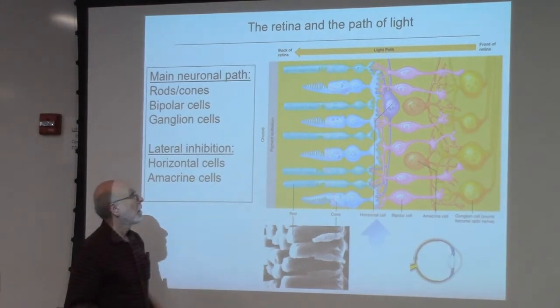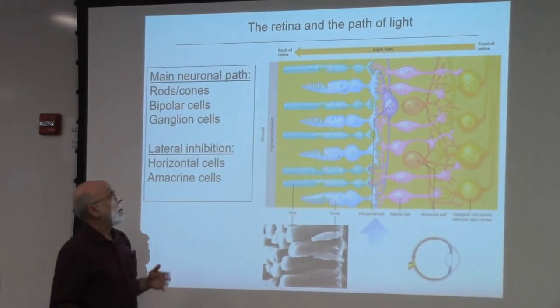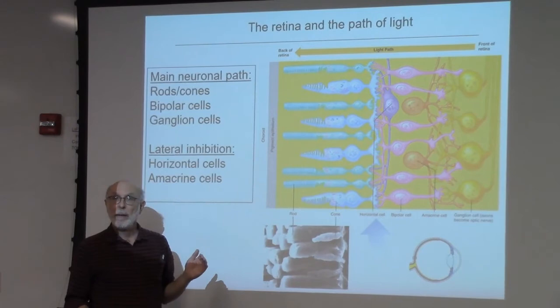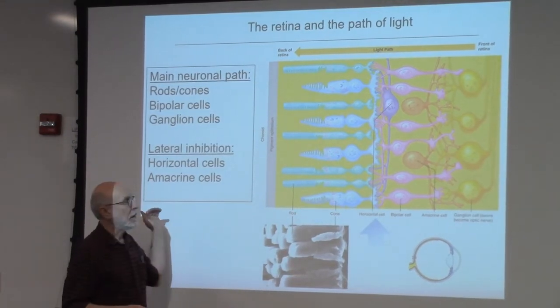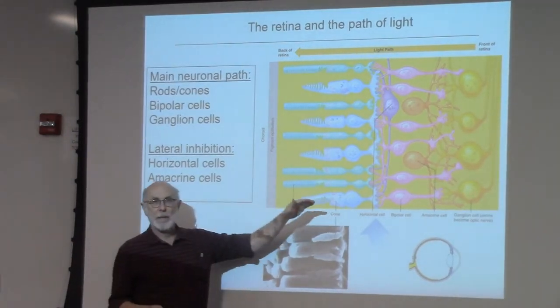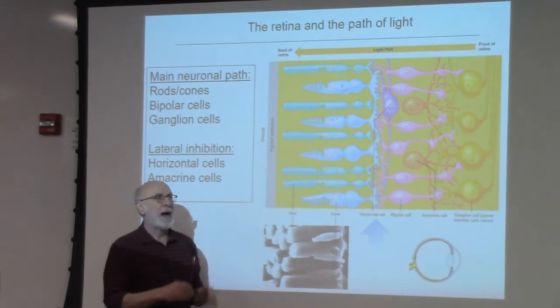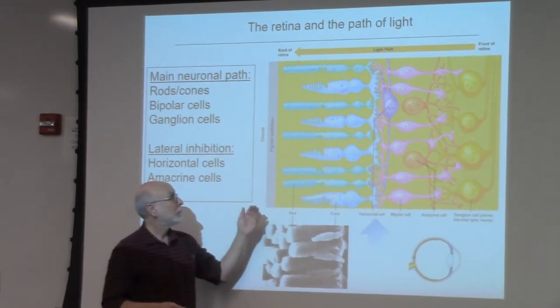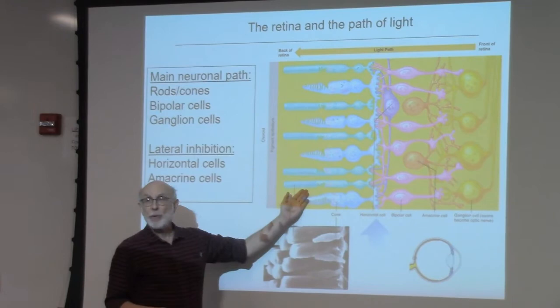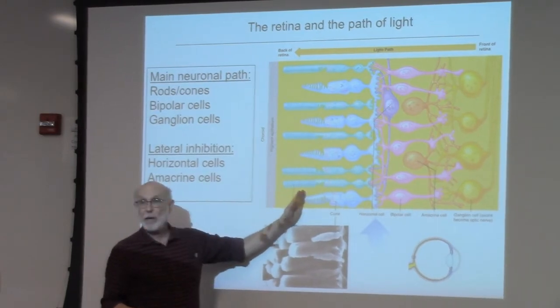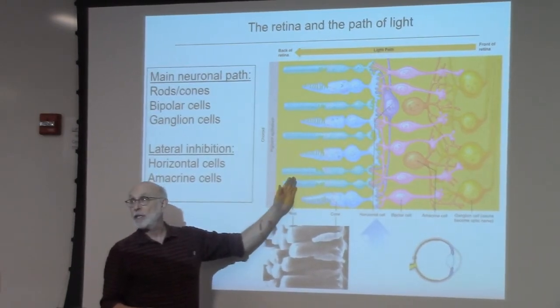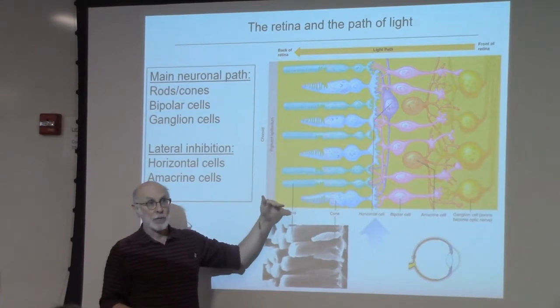Okay? There are cellular layers in the retina. So let's talk about them in sort of the through path, the direct path of phototransduction. Photoreceptors are the next layer, and they're divided into two types, rods and cones.